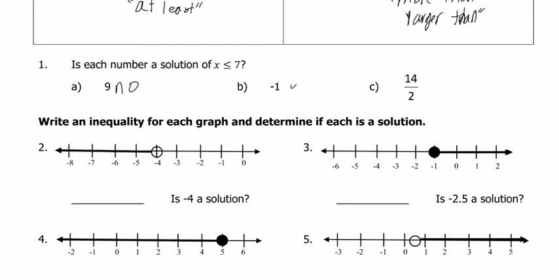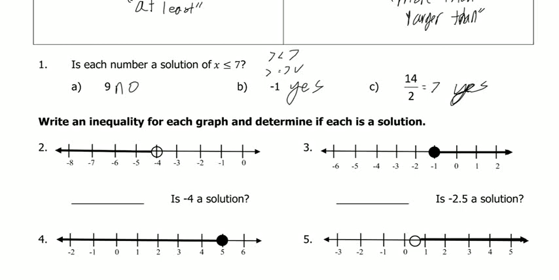Yes. -1 is considerably smaller than 7. And then down here we've got 14 divided by 2, which is, in fact, 7. Now, is 7 less than or equal to 7? So basically, does it fall into this category? It does fall into that category, so yes, it is a solution.